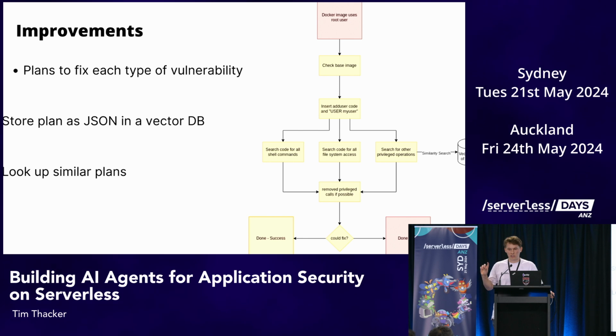And that's where you need an embeddings model that is encoding all the information about what a piece of code does. If it can encode that information, then you could use a vector database of your whole code base to help with that. And then you may want to remove privileged calls if possible, and then it either fixes the vulnerability or sometimes it's just not able to.